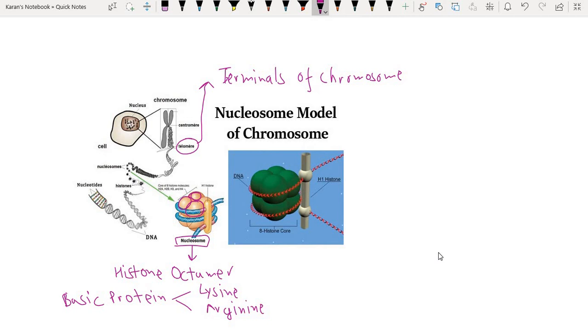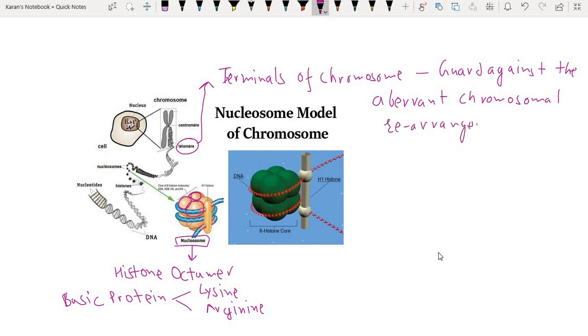And they prevent basically the end fusions, means they prevent the degradation, because they will guard against the aberrant chromosomal rearrangements, so that proper coiling may occur, right?